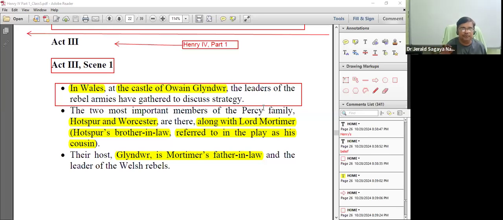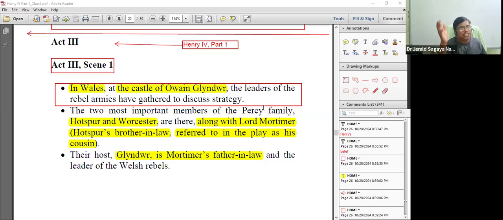Owain Glendower arrests his own son-in-law, and then he kills all the other English soldiers. His own cousin, Hotspur, you can call him a brother-in-law or a cousin, is very keen on bringing Mortimer safe from Wales. Hotspur also knows very well that Owain Glendower is very unhappy with King Henry IV.